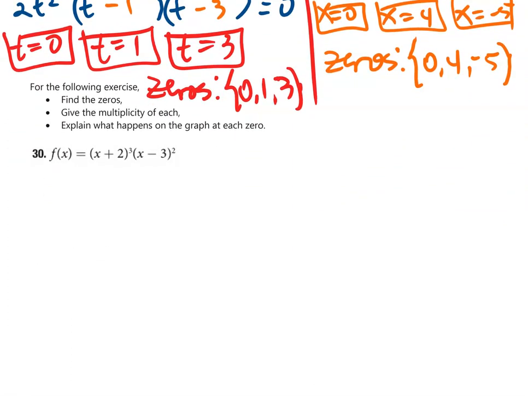Next, and the last problem for this section. For the following exercise, find the zeros, the multiplicity, and explain what happens on the graph at each 0. So given f of x equal to (x plus 2) cubed times (x minus 3) squared.